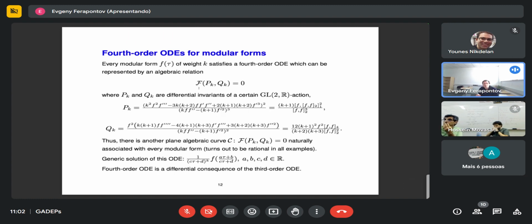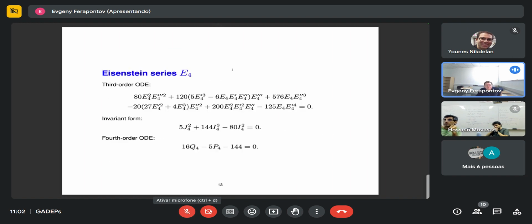All right. So, once we have these formulas, let me show you some examples. We calculated these differential equations and their invariant form for various modular forms. Let's take the Eisenstein series E4. It satisfies the following fourth order ODE.